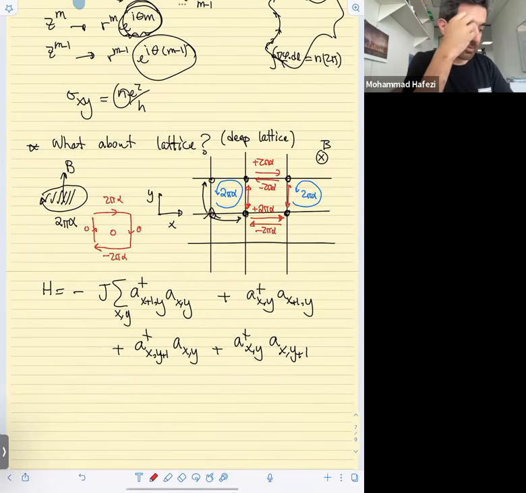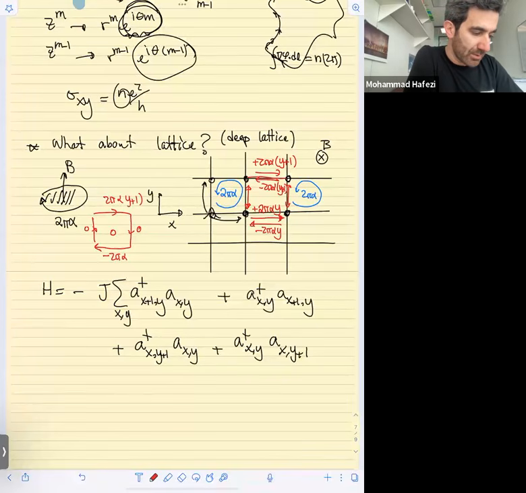So overall, I will get 0. If you go counterclockwise, you also get 0. So the trick is that you have to make this phase row number dependent. You need a phase that is larger when the row number increases. Now when you do this, it's y plus 1 and then y. If you calculate that, then you see that you get 2 pi alpha.